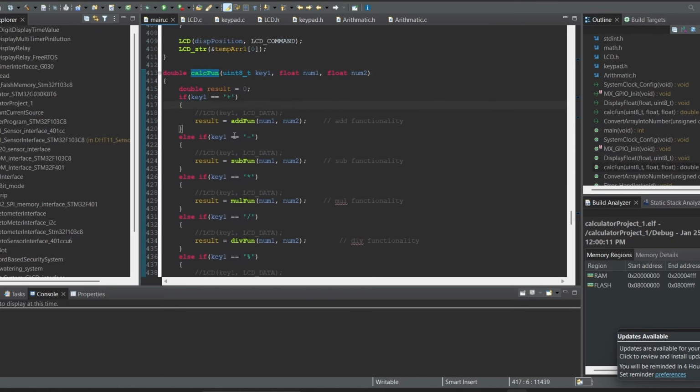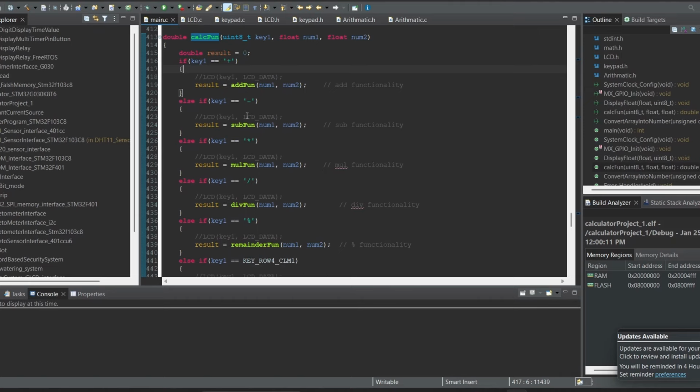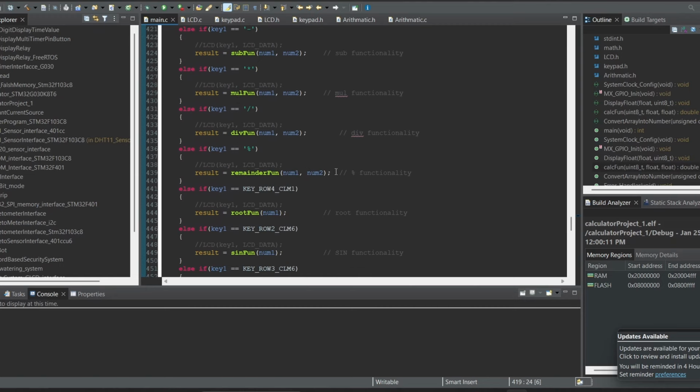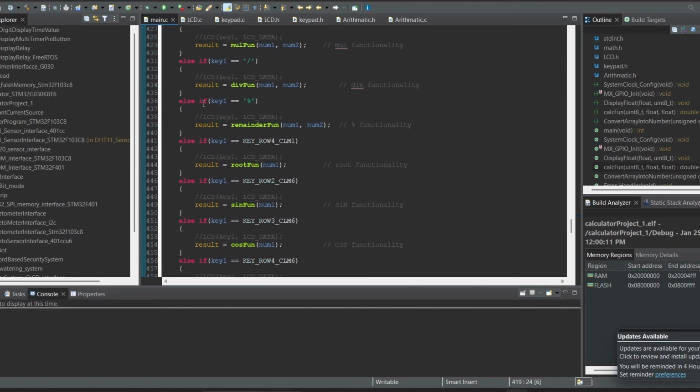Now coming to this function, we are keeping these functions add, subtract, multiply, and divide as they are. We are keeping the remainder function, the modulo function, as it is. So whenever the modulo key is pressed, the result will be num1 modulo num2.